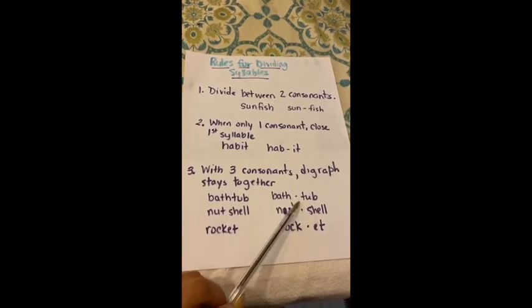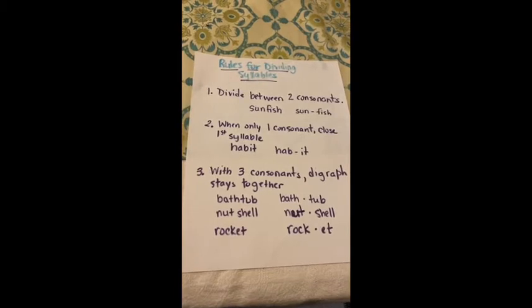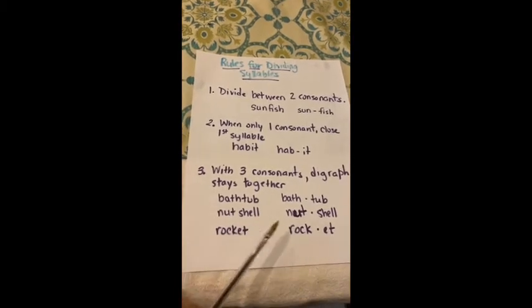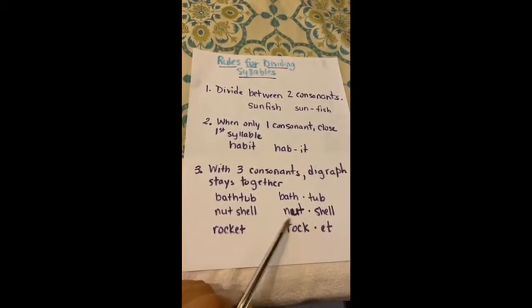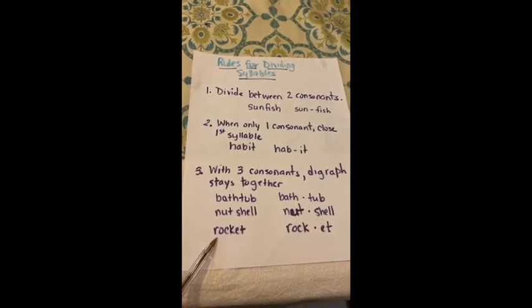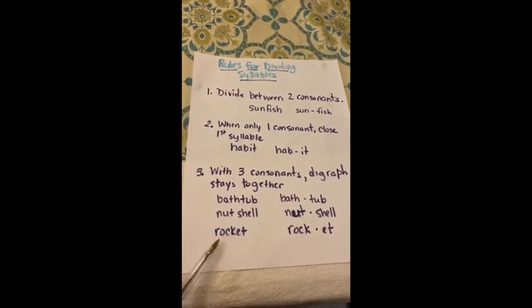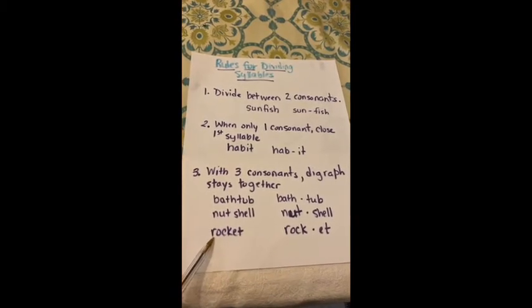So we have bathtub. In nutshell, the digraph is in the second syllable. So remember, we'll keep it together, nutshell. Rocket, the digraph is in the first syllable. So this is where we would divide it, rocket.